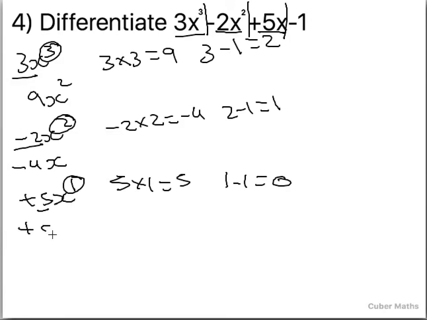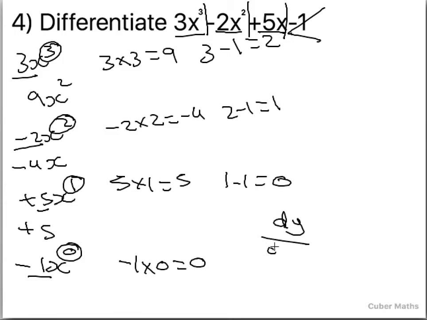So we're going to have plus 5. Take our last bit, which is minus 1. X to the 0, as we've said before. Take our number and take our power. Minus 1 times by 0 is going to give us 0. So that just cancels. Which means dy by dx is equal to 9x squared minus 4x plus 5.